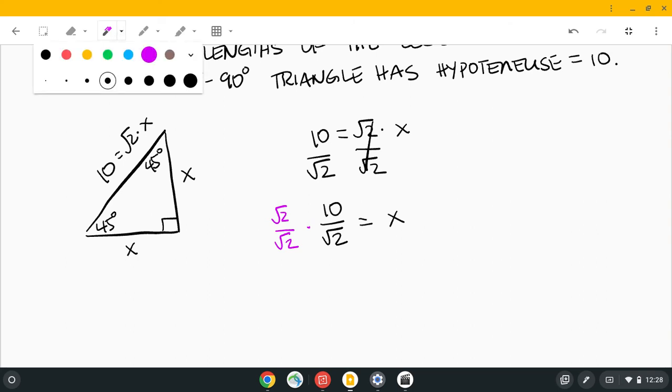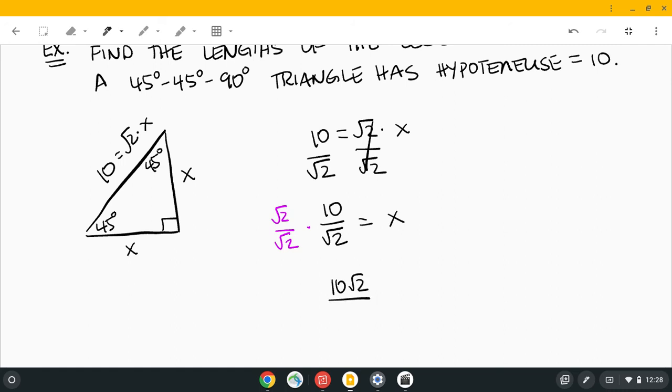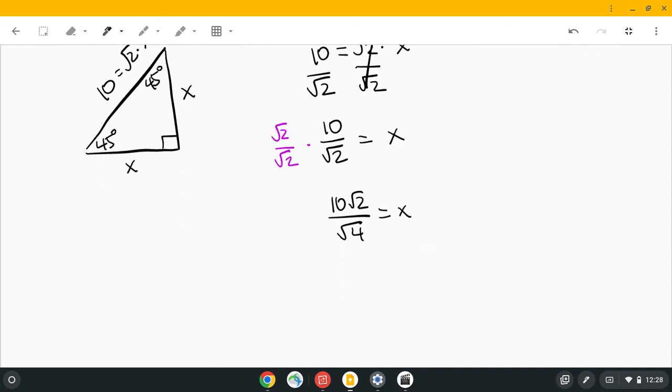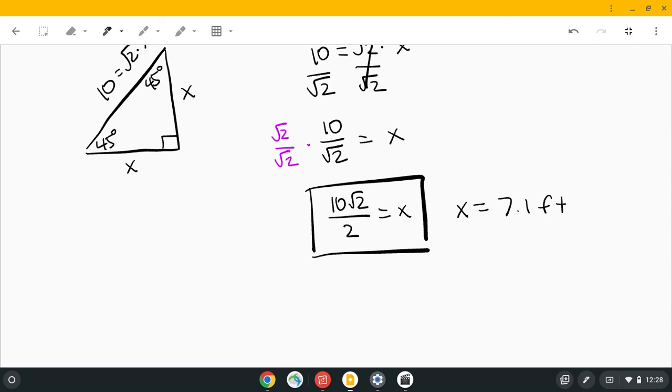That will give you 10 square root 2 on the top and square root 4 on the bottom. But what is square root 4? It's 2. Okay? So that's what we mean by rationalizing the denominator. And if you punch that into your calculator, you will get 7.1 feet.